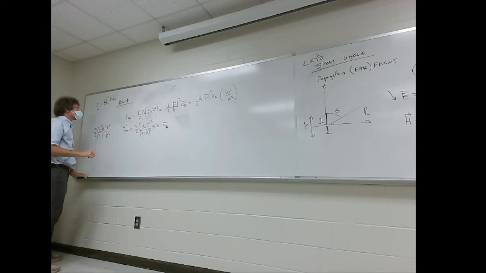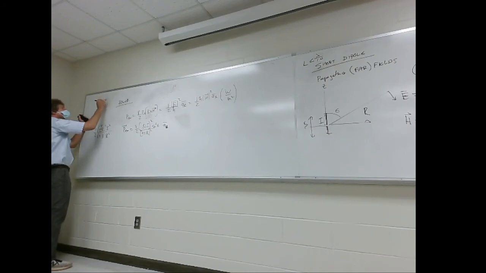I'm sorry. I didn't do that right. This is squared. Let me do it this way. Square root of mu over epsilon over, and this is going to be 1 over mu epsilon times c over f.